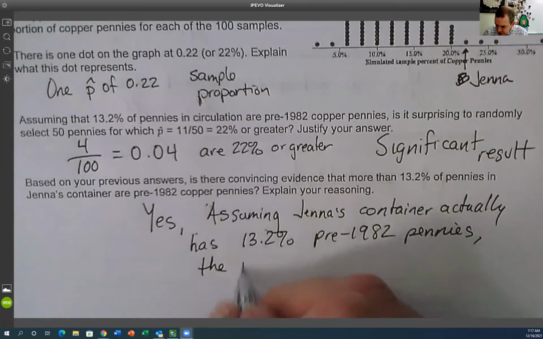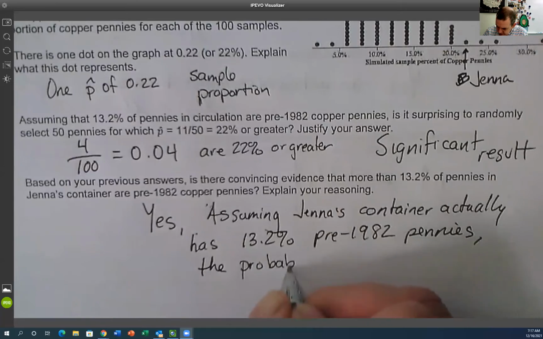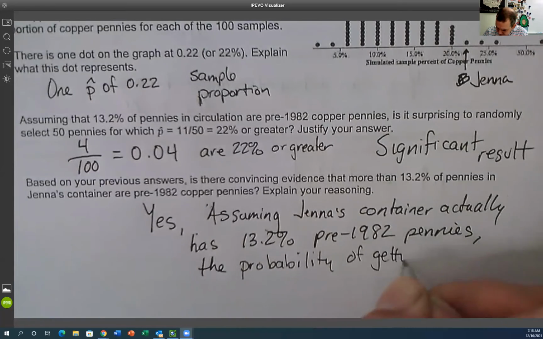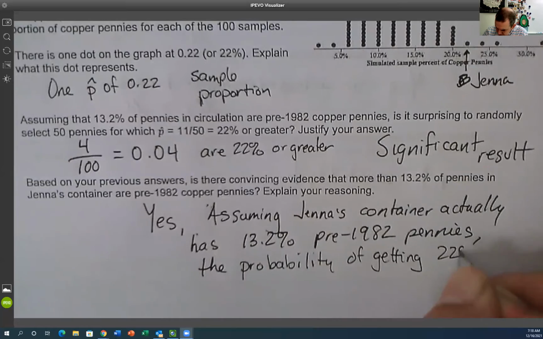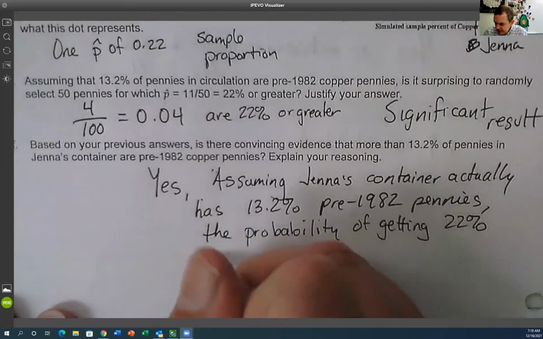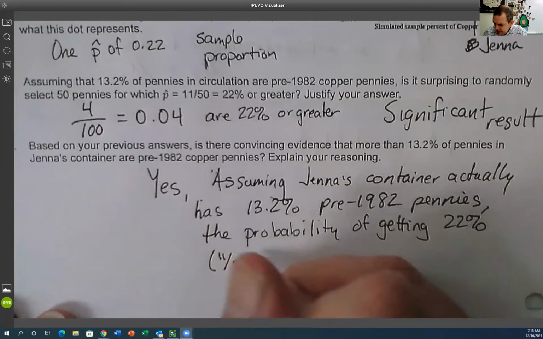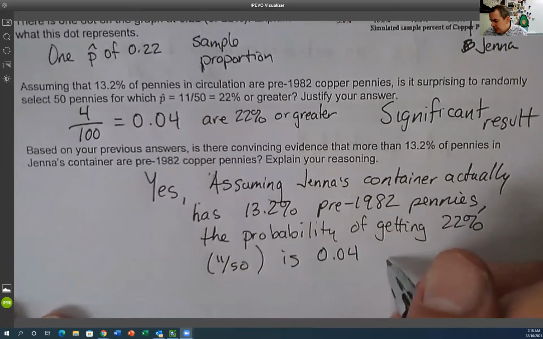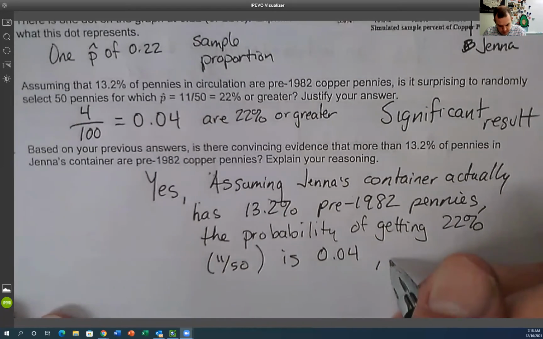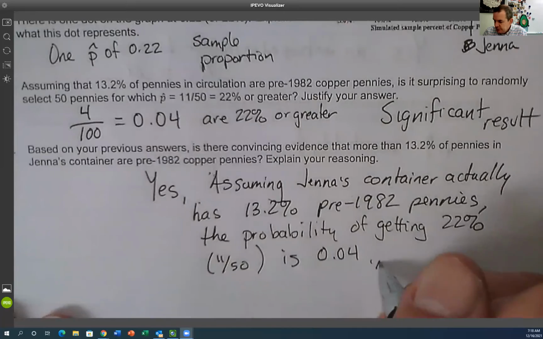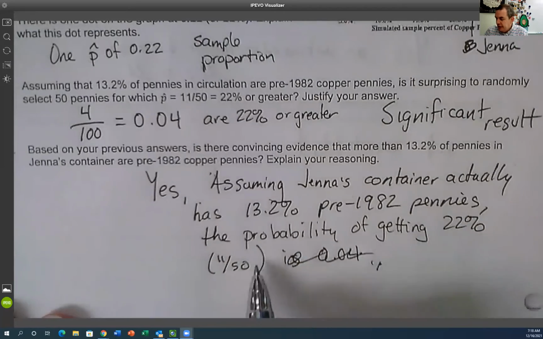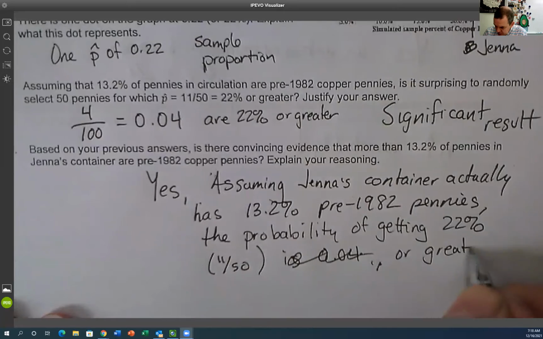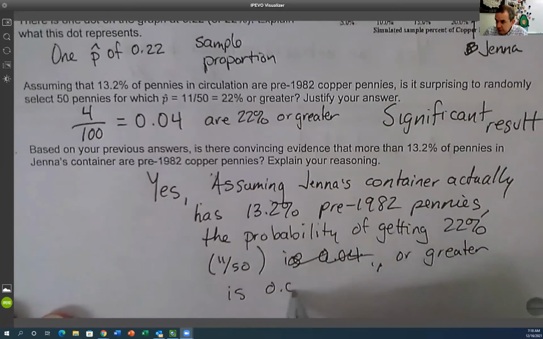the chances, or the probability, of getting 22%, which again is the 11 out of 50 Jenna got, or greater, is 0.04.